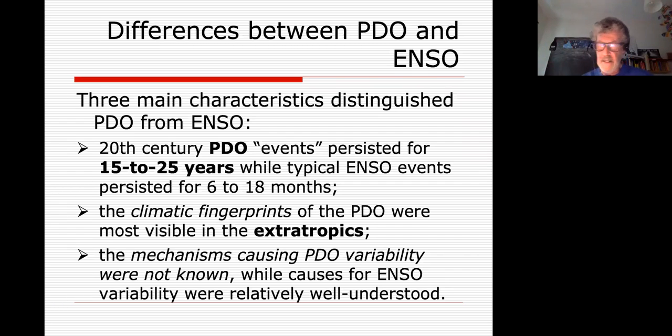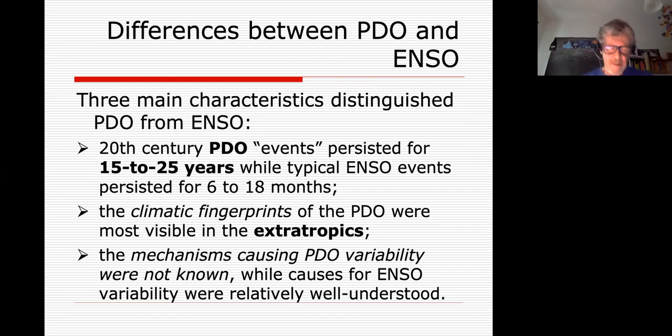And the other point is that the climatic fingerprints of PDO were most visible in the extratropics, while El Nino has the typical cold tongue, warm tongue at the equator.